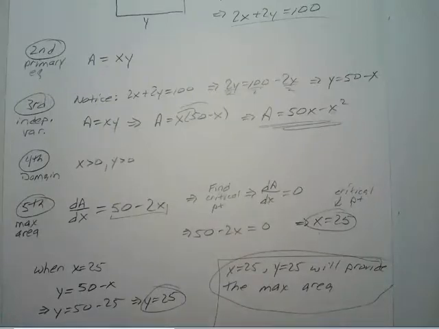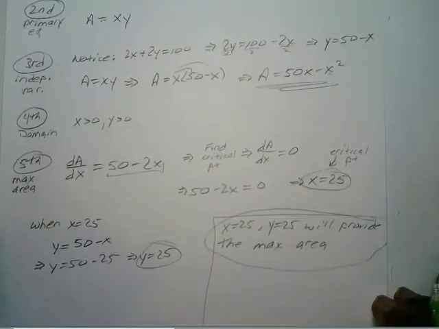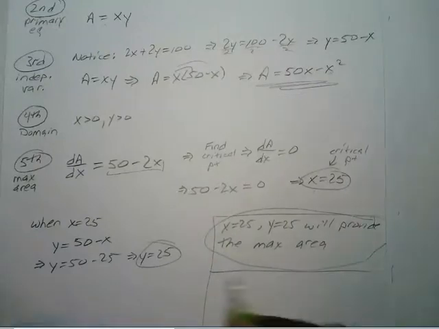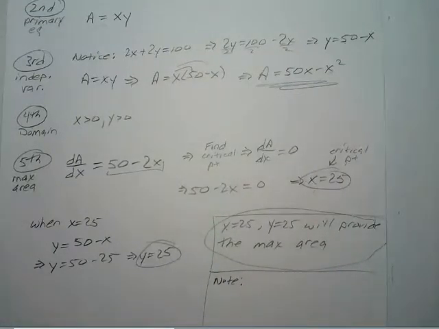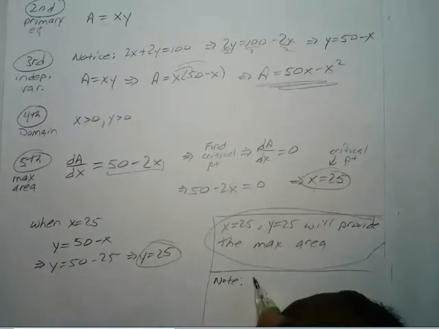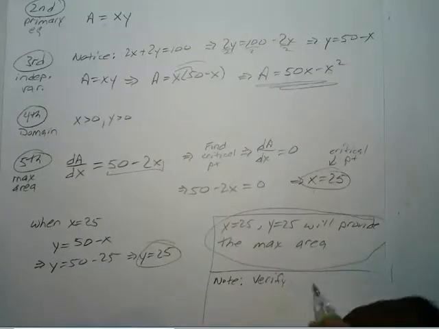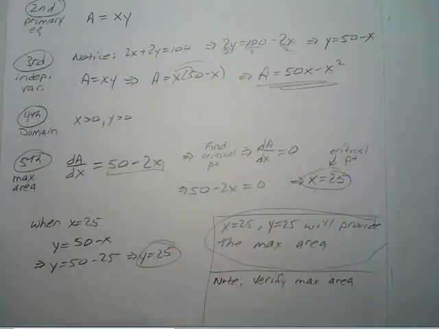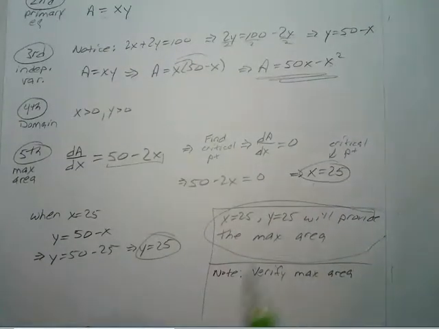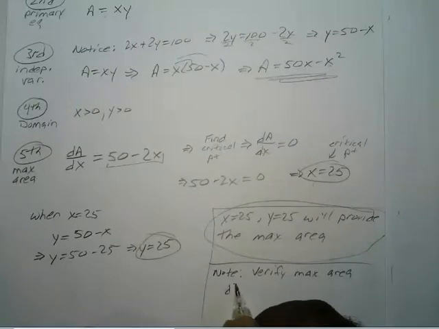All right, now just if you wanted to, just a quick note, you could verify the maximum area. Okay, just given the second derivative of A with respect to x.